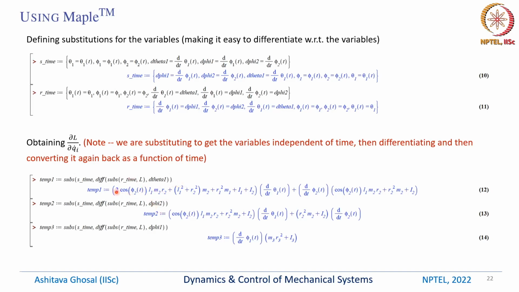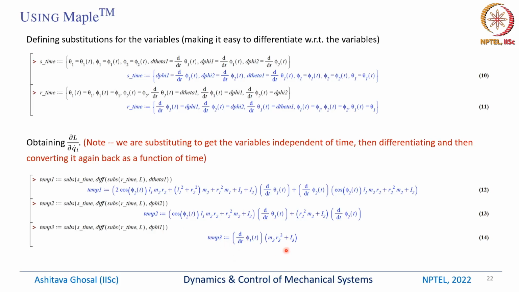If you do these substitutions and derivatives, you can show that temp1 will give these terms. These are some parts of the equation of motion. This is only the partial derivative with respect to qi dot. This is the partial derivative with respect to phi 2 dot, and similarly this is the partial derivative with respect to phi 1 dot.